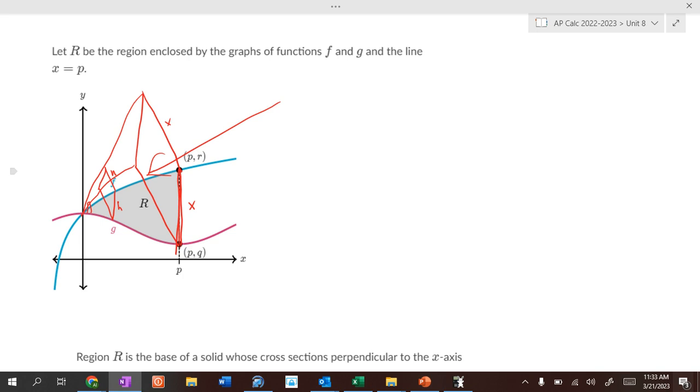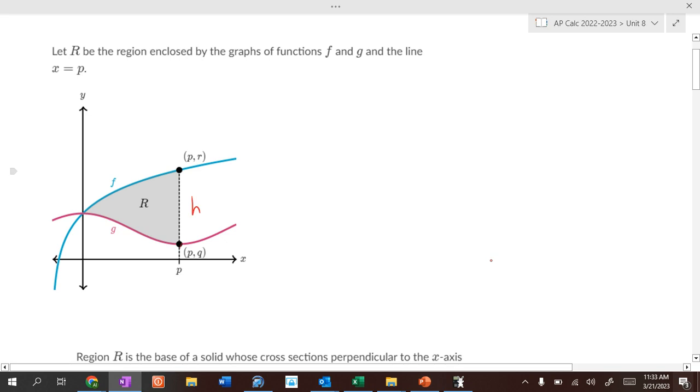Okay? So, what is the volume of that thing? We want to know the volume of all those squares put together because this is a solid piece of whatever. What's the volume? Well, to do that, we use subtraction here to find the height of our squares. So this will be the height of our squares when we subtract. And then how many squares we have depends on this distance.